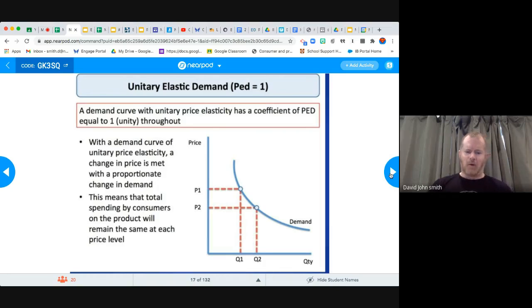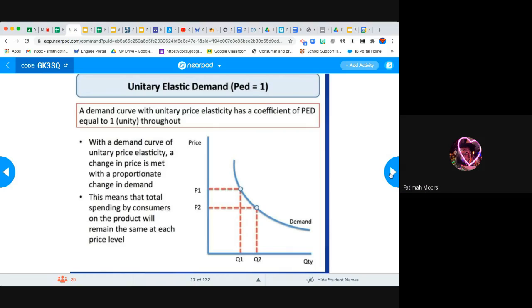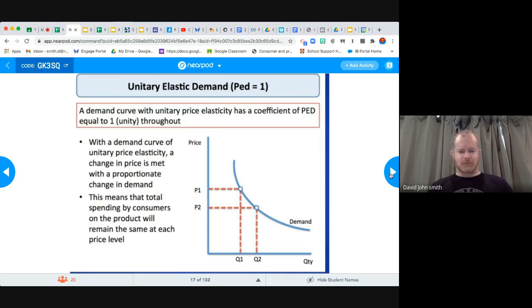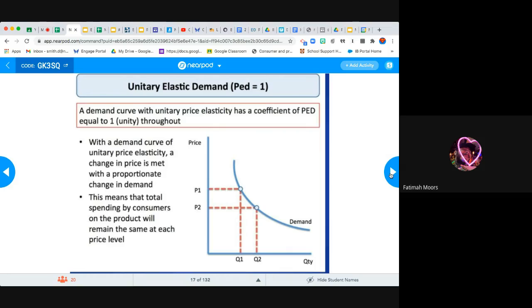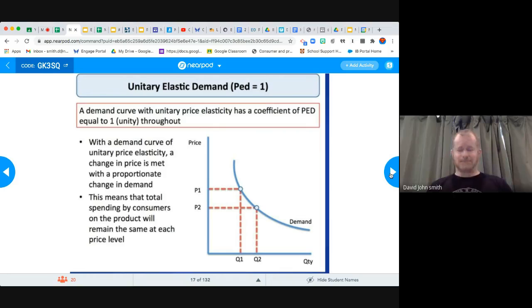So therefore, what's going to happen to the revenue that they're able to earn when they change the price? The quantity demanded will change proportionately with it. So your revenue is going to increase or decrease via the change, and it's going to exactly match it.